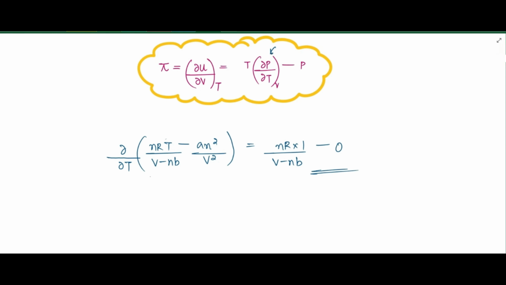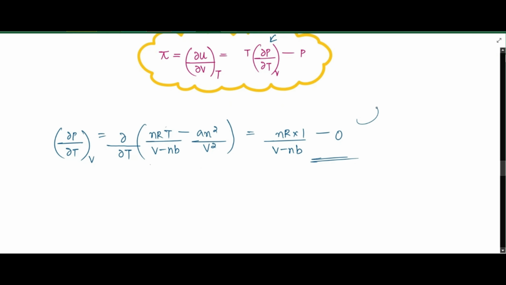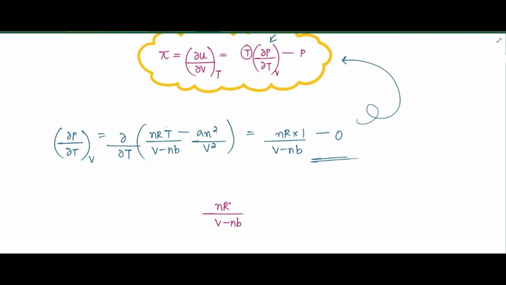About this, ∂P by ∂T at constant V, the value of the T. Now you will put that over here. nR by (V minus nb), that's ∂P by ∂T at constant V, into temperature, minus P is equal to the internal pressure.